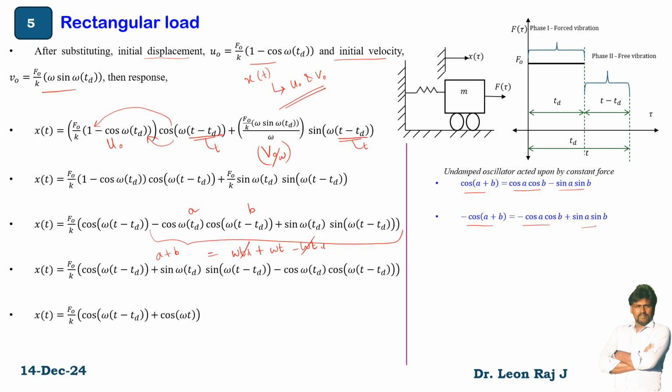So you are getting cos omega t. Already minus is there, so we are getting plus cos omega t. Then cos omega t minus td is already there. So this is your response of the free vibration.